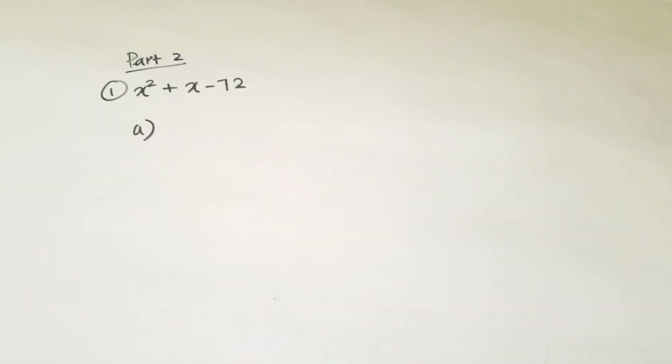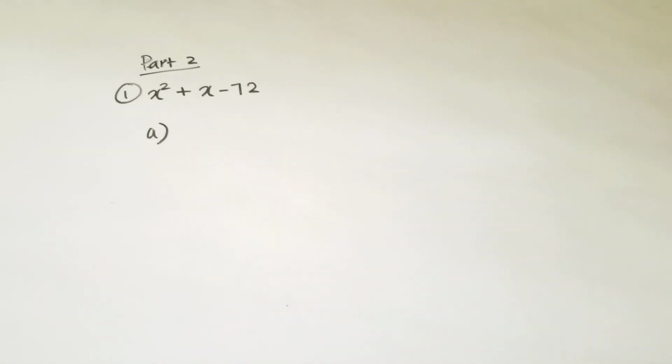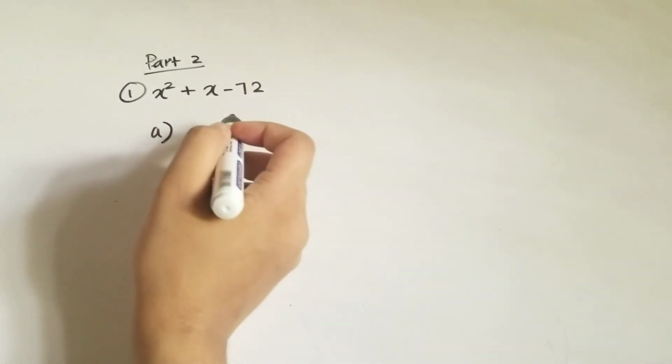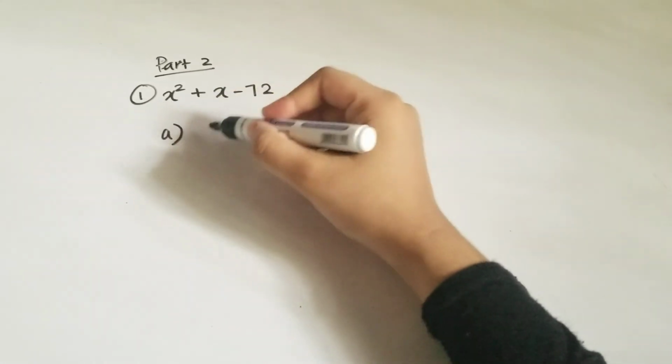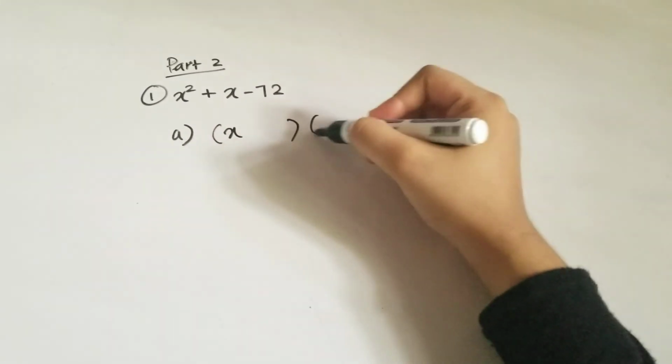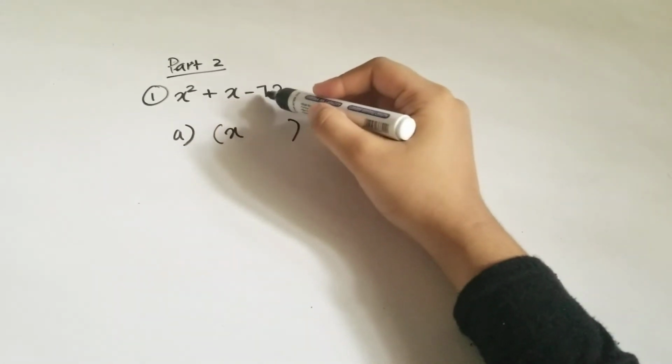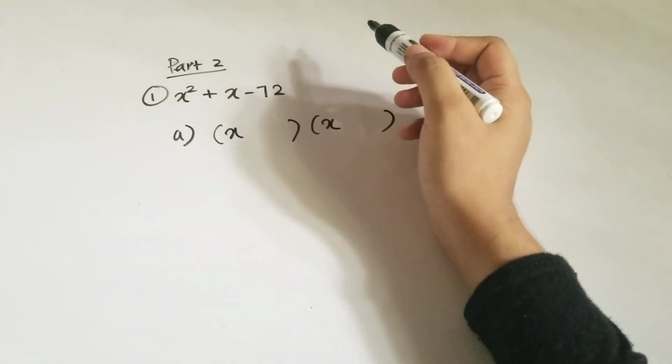Right, x squared plus x minus 72 can be obtained by the product of 2 expressions by adding a certain number to x and subtracting a number from x. Anyways, they are asking to find the factors first of all. So I'm going to do it with the short method. X squared means x and another x here. I need minus 72. So what are the factors of 72?